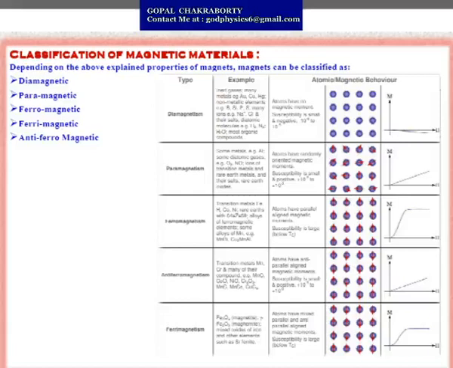Here the examples of diamagnetism are inert gases, many metals, say copper, mercury, non-metallic elements such as silicon, phosphorus, many ions like sodium ion, chlorine ion, or some diatomic molecules: hydrogen, nitrogen, water.